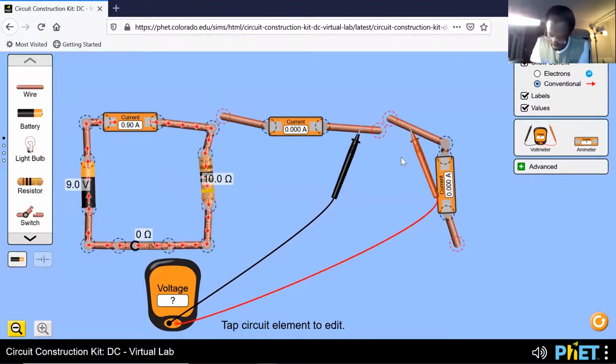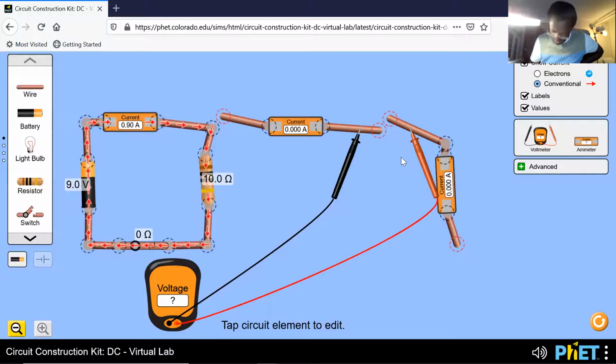So what do they say? They say resistors have the same. Construct your resistors in a parallel circuit in your simulation.